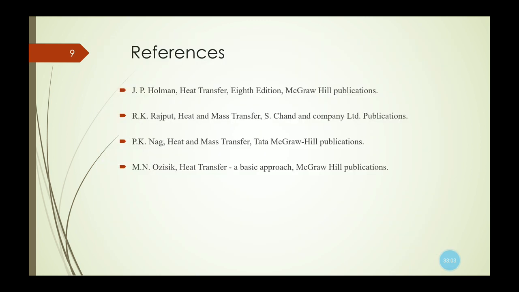Okay, so these are the steps by which we have discussed different numericals in this session. We have used the formula of Stefan-Boltzmann law, then Planck's law, then Wien's displacement law, and the concept of shape factor algebra, then the formula of radiation heat transfer for different types of surfaces, whether cylindrical or spherical.